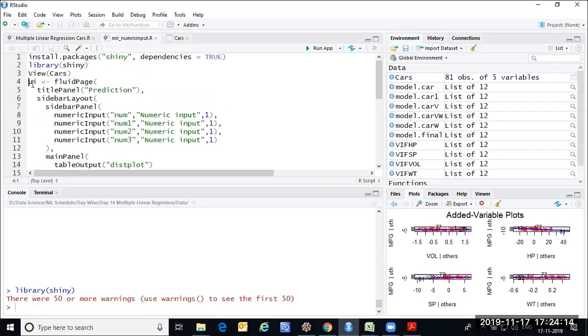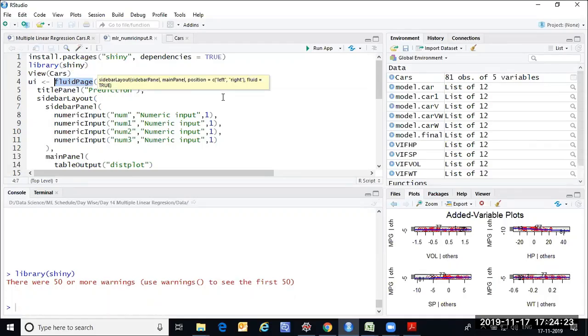Now, using R Shiny, I'm building a fluid page. What do you mean by fluid page technically? A web interface that is flexible towards the change that takes place. Creating a fluid page is this function.